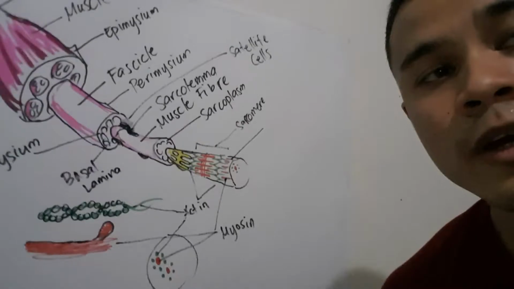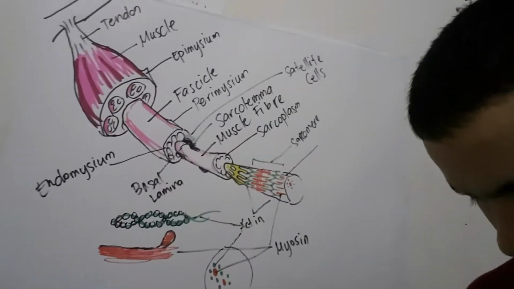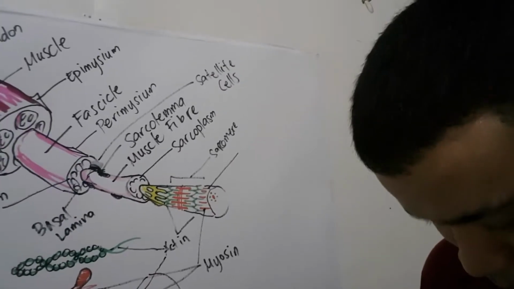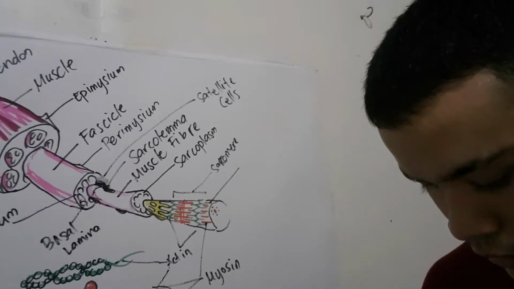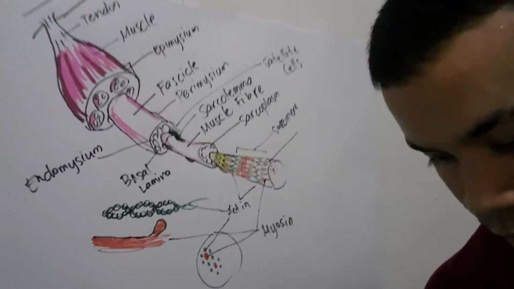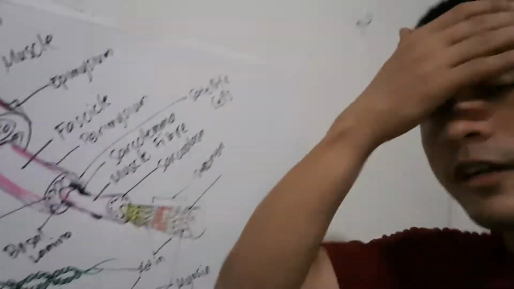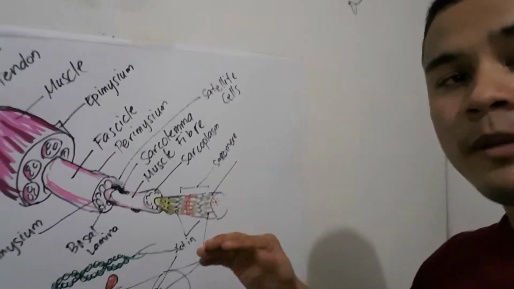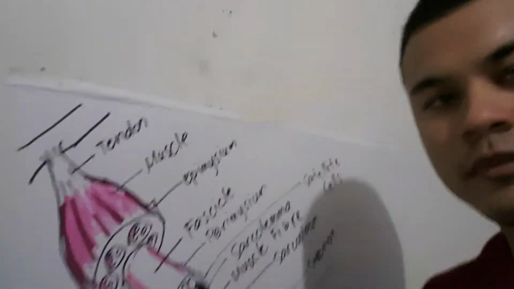The only reason we call it muscle fiber is because of its cylindrical and elongated shape, but pretty much it's the same as other cells, except that it has organelles that can't be found in other cells, like the myofibrils. We're going to talk about that later.